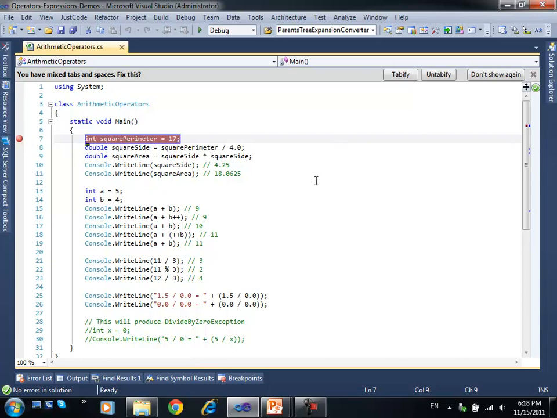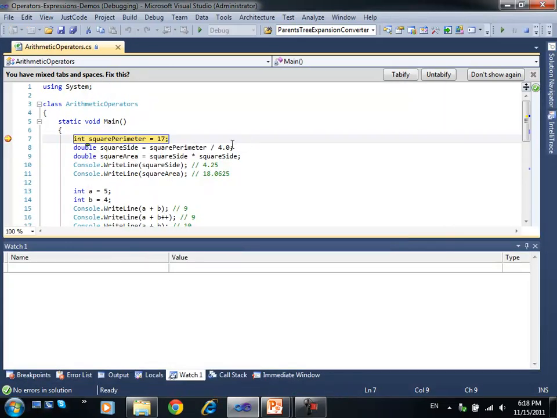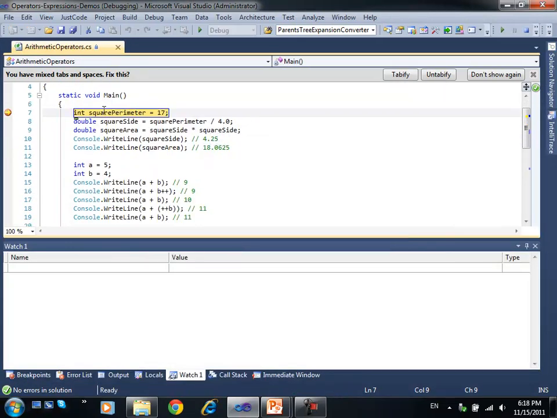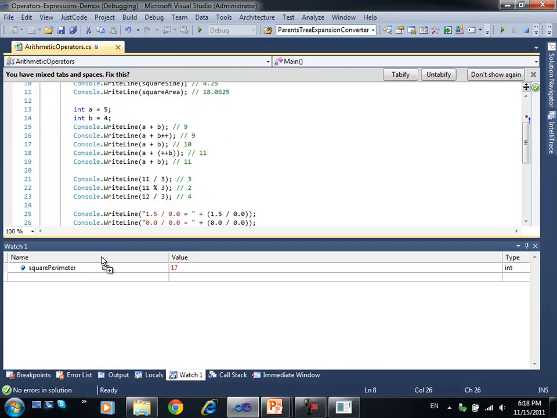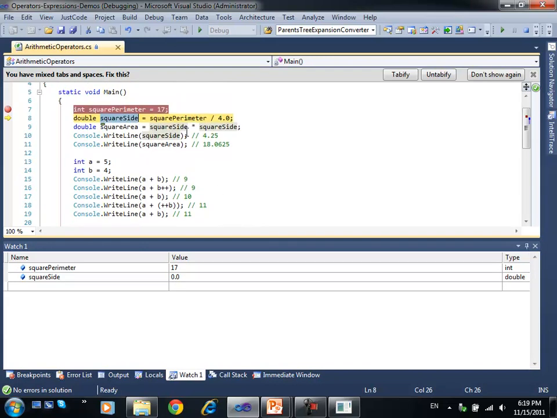So let's see what's happening here. Our first parameter is 17, and it's an integer. It's a round number. Our second one is a double number, and with the division we get a floating point result of 4.25.